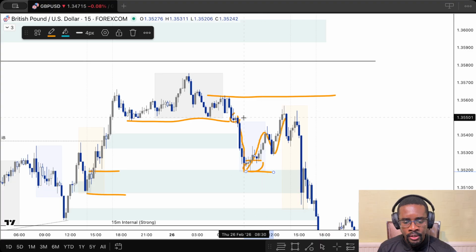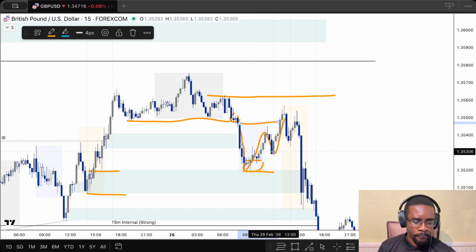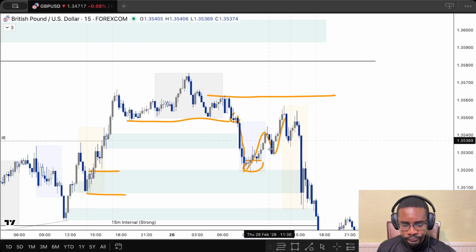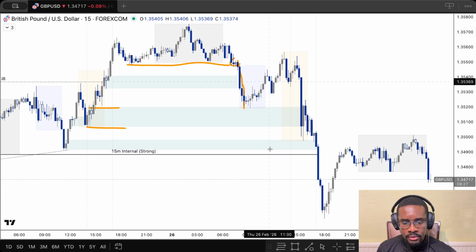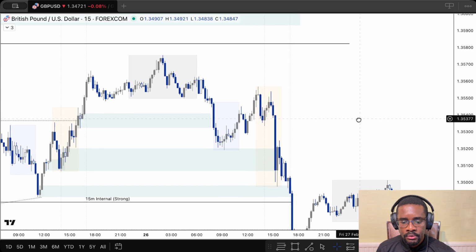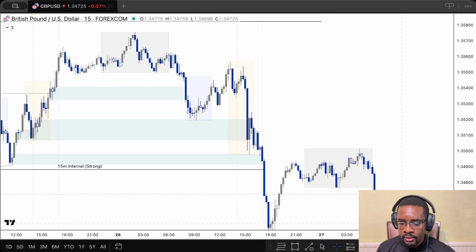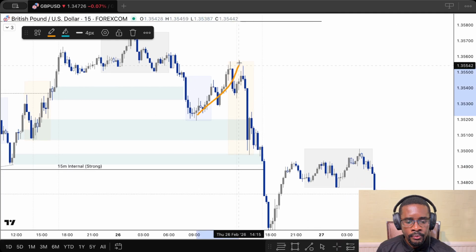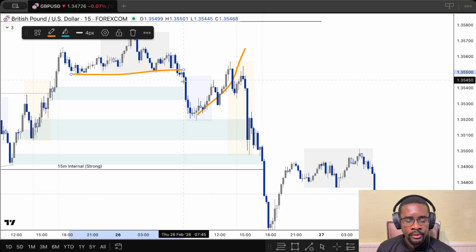For that 3R, you'd hit 3R around this London high. Eventually that didn't work out the way we were expecting.